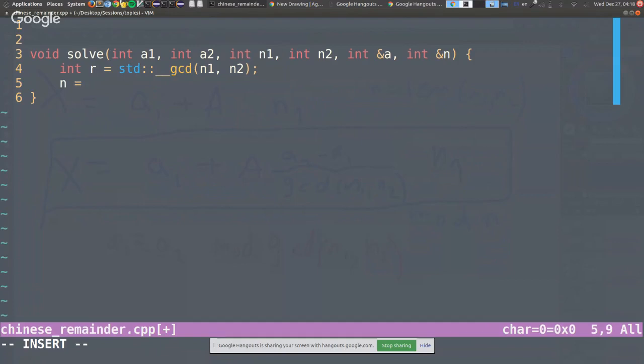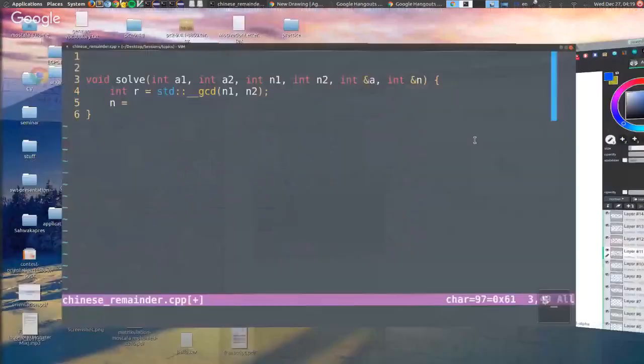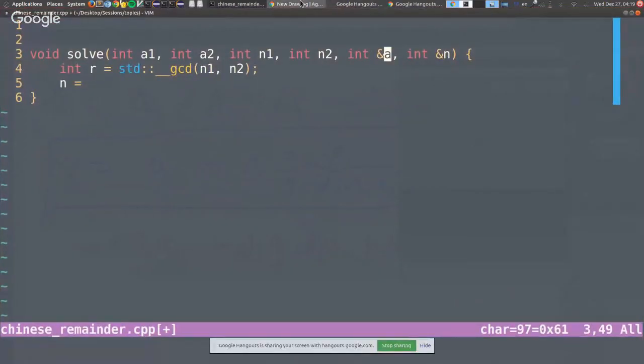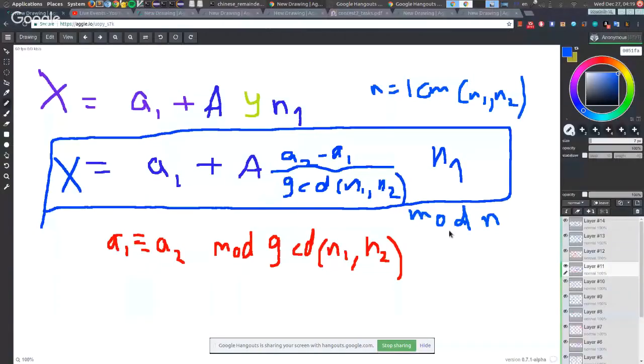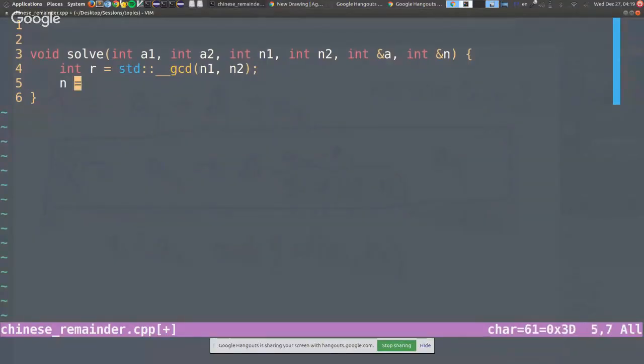And here we say that this is A1 and A2, and this is N1 and N2, and this is A and N, which are the results. So this A here is our X here. So this N, as we reach at the end, is equal to the LCM.